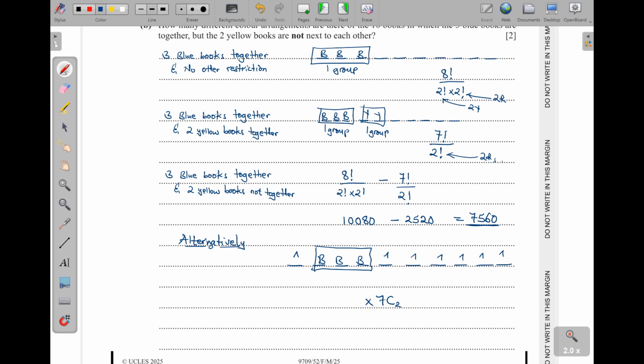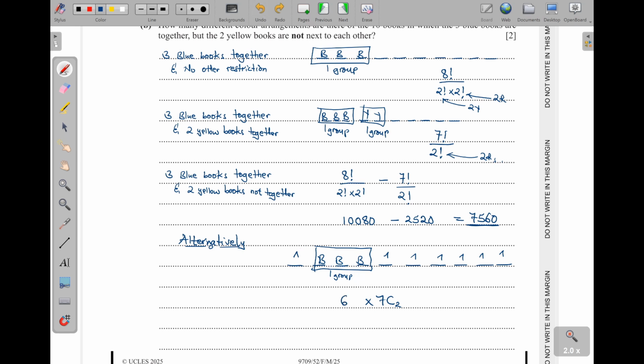Okay, then that is what we are having there. And then the rest, remember this one is one group, so this is 1. So suppose I put yellow here and yellow here, so this is now 1, then 2, 3, 4, 5, and 6. So we are having 6 factorial there.